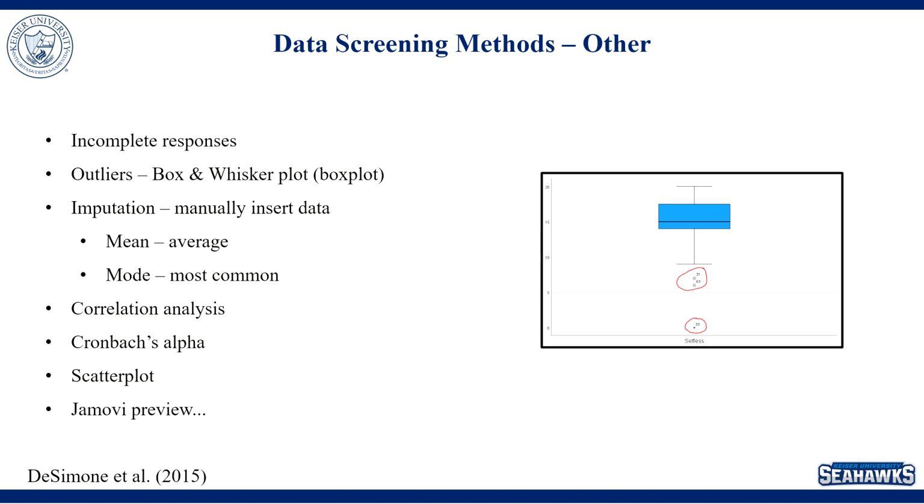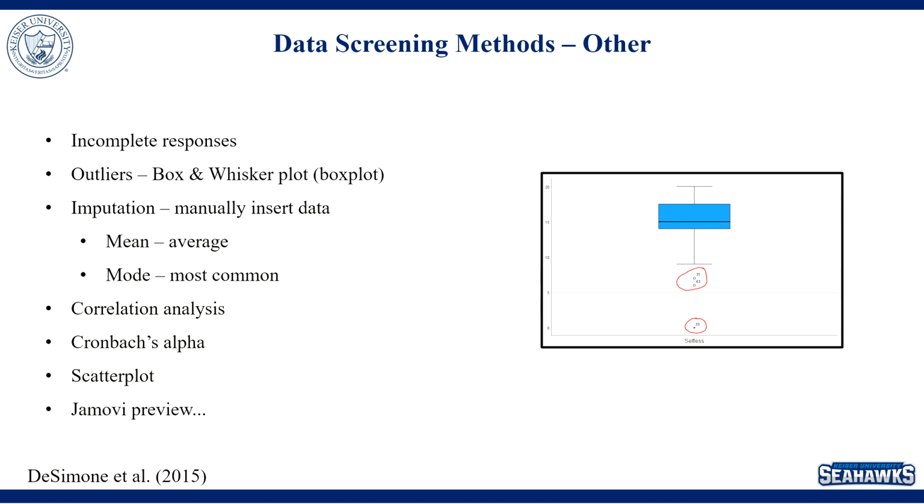So if it says, for instance, participants 31, 63, and 33, we would go to those participants, review their data, and using some of the methods we already previously discussed, we would see if potentially that is unreliable data, and then we make a decision on that. So that's how outliers can be reviewed. Outliers are not automatically thrown out. They may be deemed that they are reliable data, and we keep them.